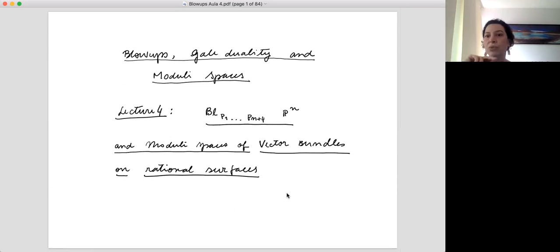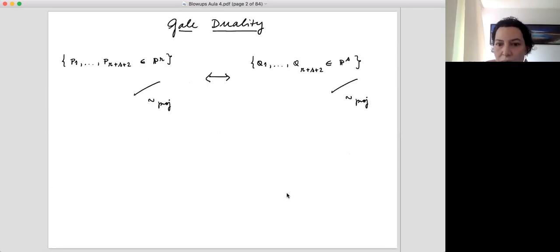And to construct the rational surface from the point set of n+4 points in Pn, we will use the construction of the Gale duality that we saw last time.